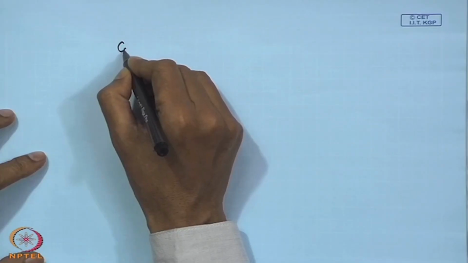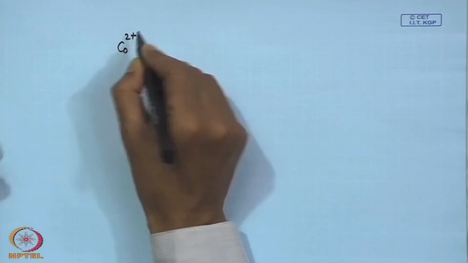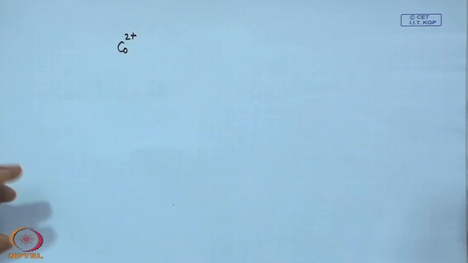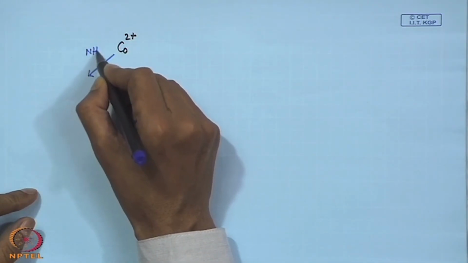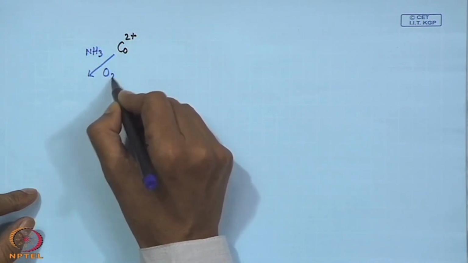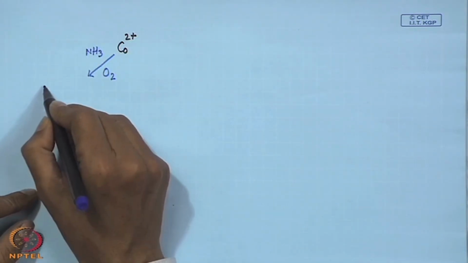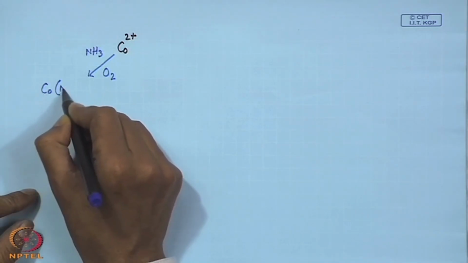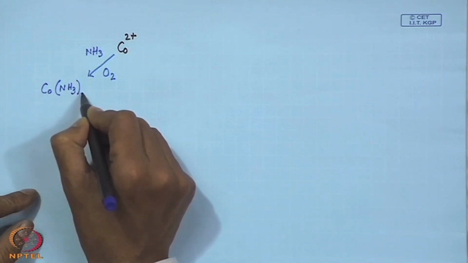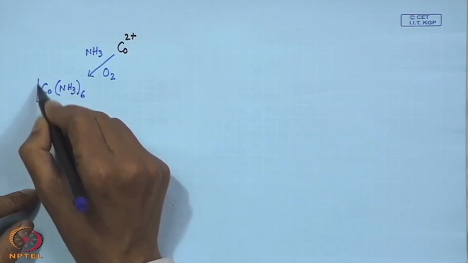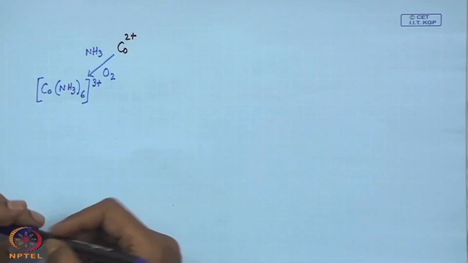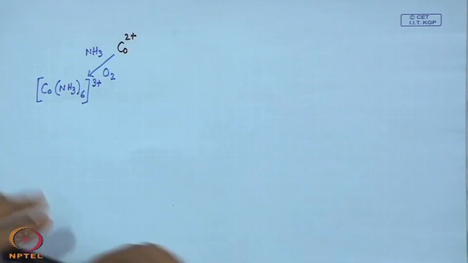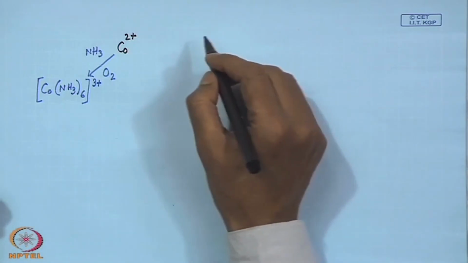As we have seen in other cases, when we have cobalt 2 and we react it with ammonia and oxygen of the air, we get the cobalt hexaammine compound, which has a 3 positive charge to counterbalance with the available chloride.